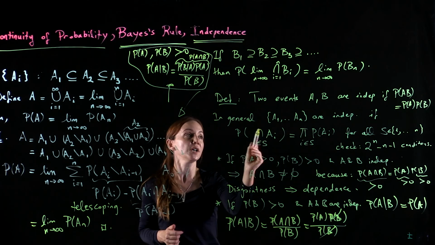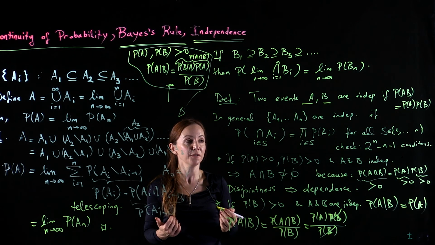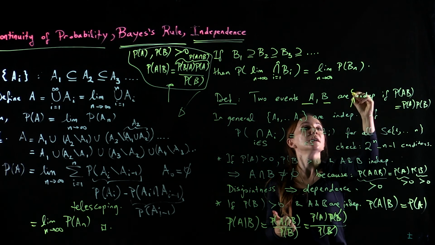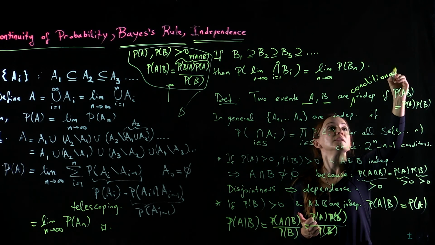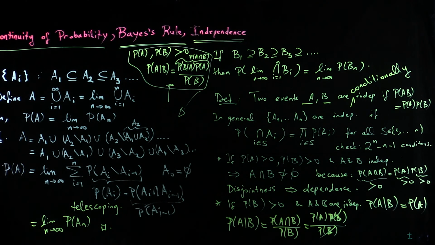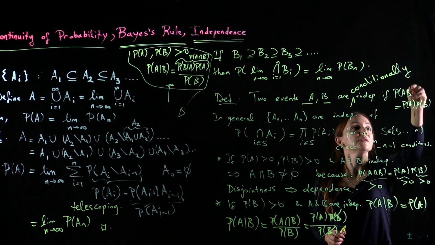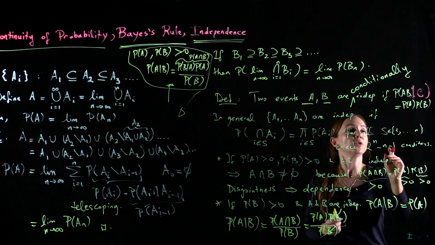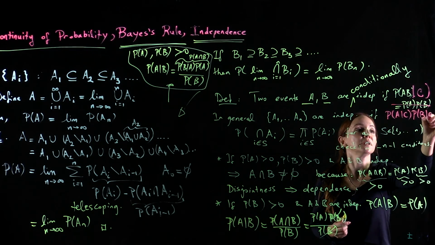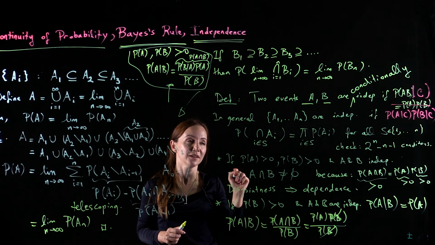Finally, two sets A and B are conditionally independent, conditioned on an event C, if the probability of A intersection B given C equals the probability of A given C times the probability of B given C. Now, conditional independence does not imply independence.